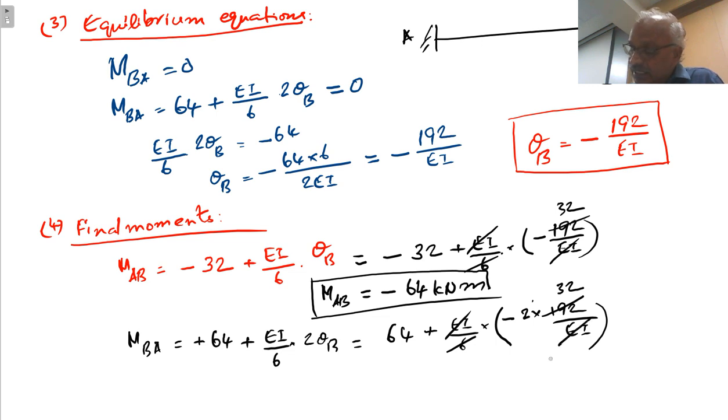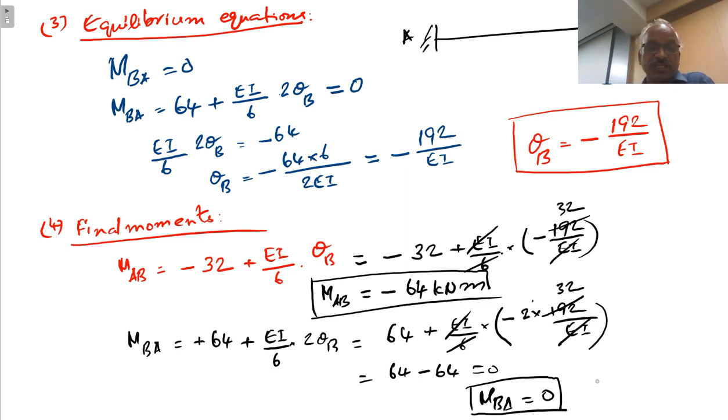So this is equal to 64 minus 2 into 32, that is 64 minus 64 equal to 0. So MBA equal to 0.